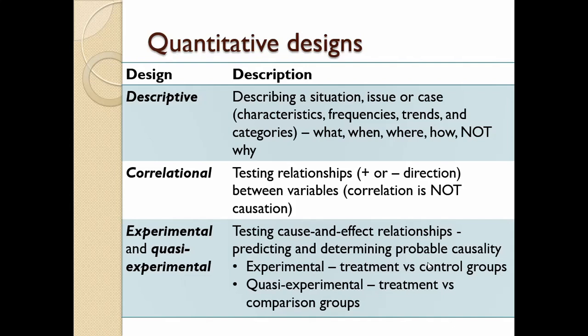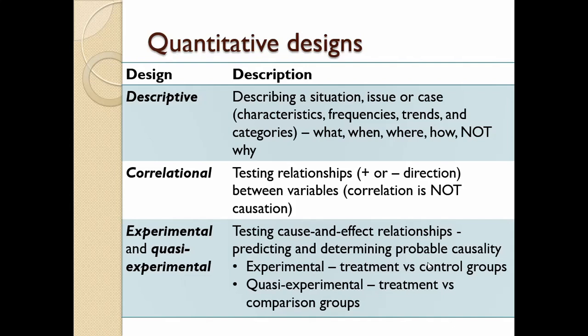Then we have experimental or quasi-experimental. I am joining them here because they both test cause and effect relationship to determine the probability of causality. But of course, the difference between experimental and quasi-experimental is that the groups that we use to test the probability of causality are different.